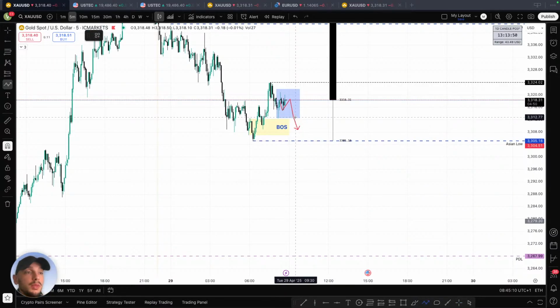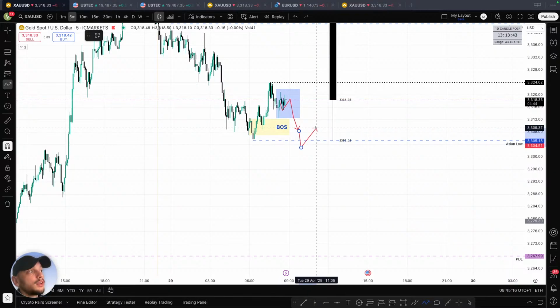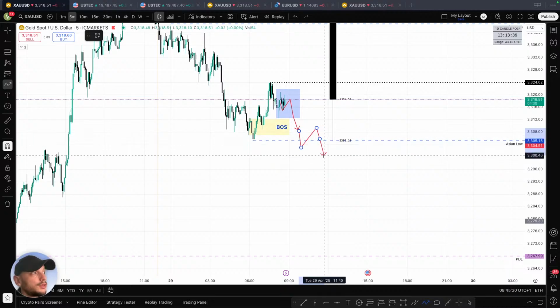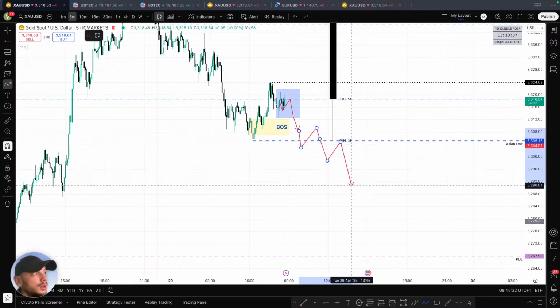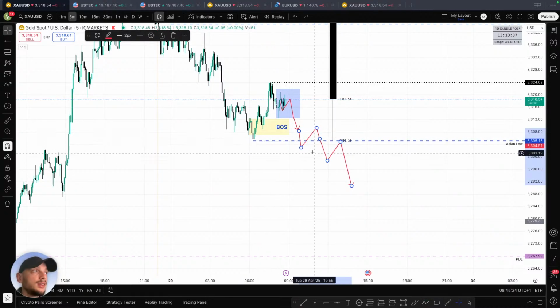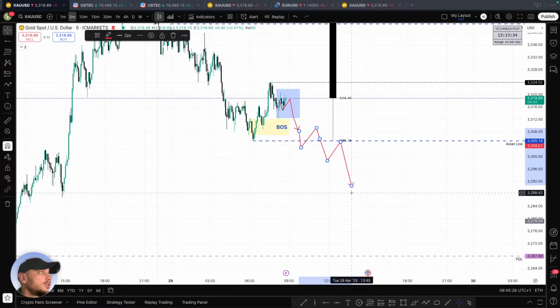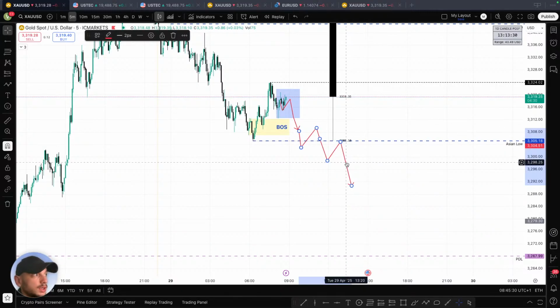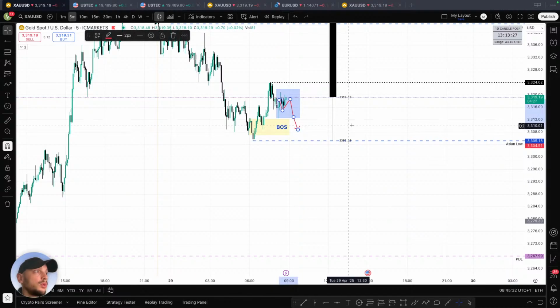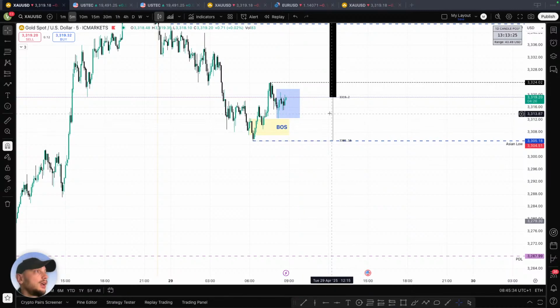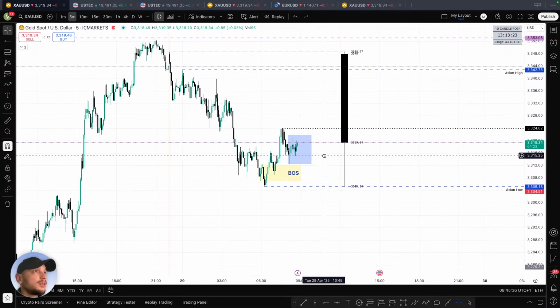I wouldn't enter immediately, definitely, because I want to see a reaction from the Asian lows. Are we gonna have retracement and then up, or retracement and then down? Because these are high liquidity areas: Asian lows, Asian highs, previous day lows, previous day highs, weekly lows. This is where liquidity stays and price action reacts from it.